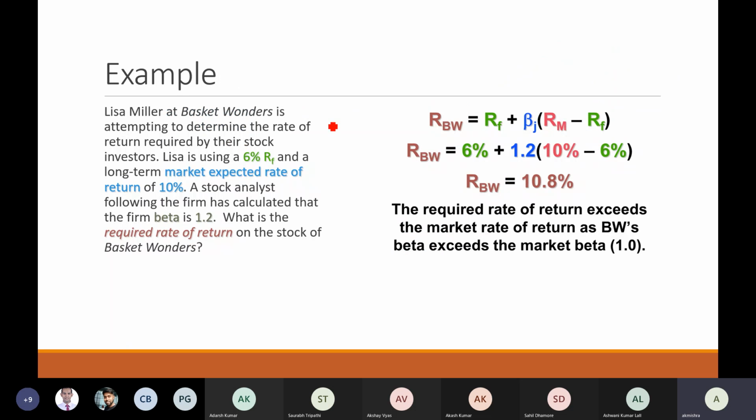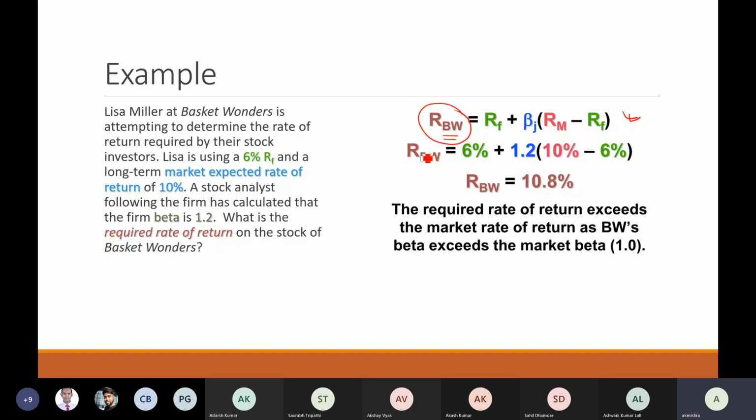So this is what I was talking about. In your previous example of two stocks, D and BW, this is how we can calculate. Using the CAPM model, what we get is your required rate of return. It means if you want to invest in stock BW, considering the market scenario, how much you should ideally get.